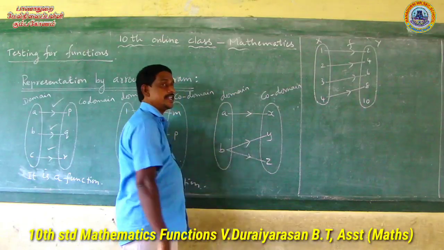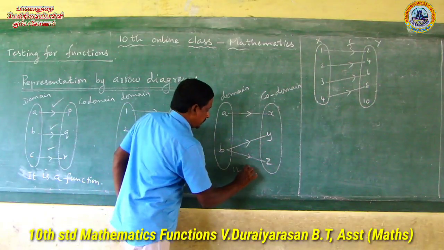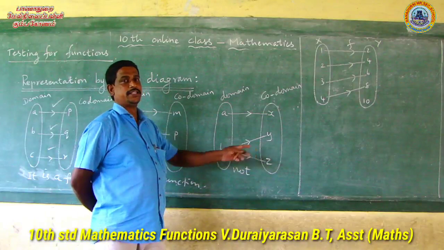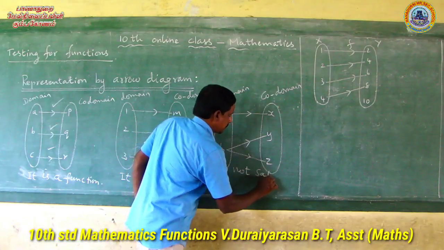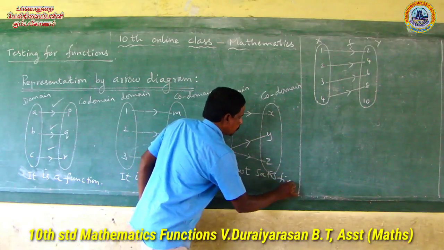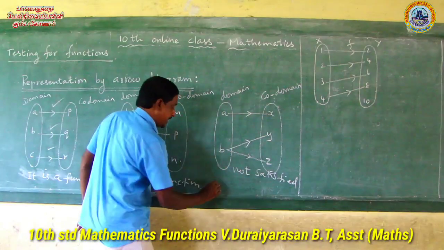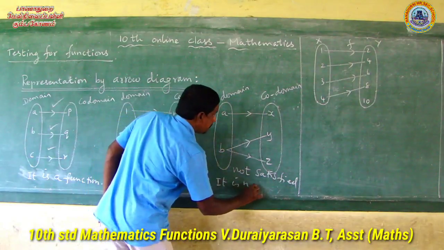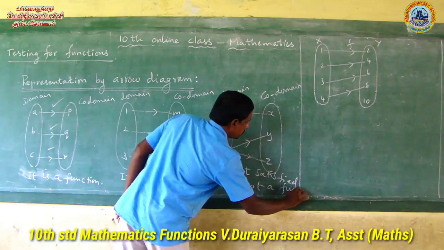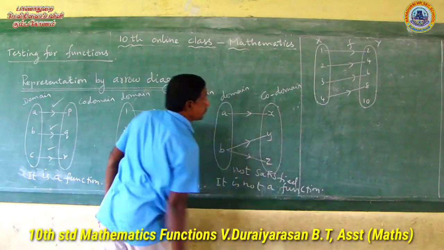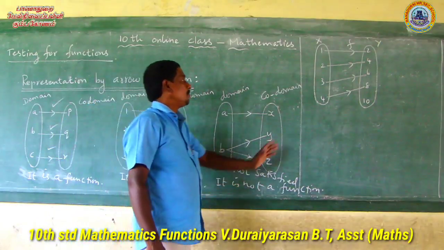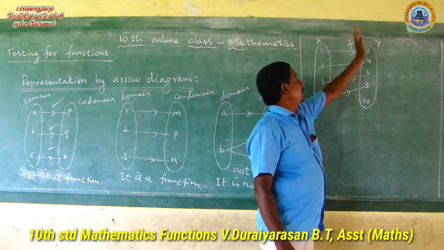Here it is not satisfied. B has two images. So what is the conclusion? It is not a function. Okay.